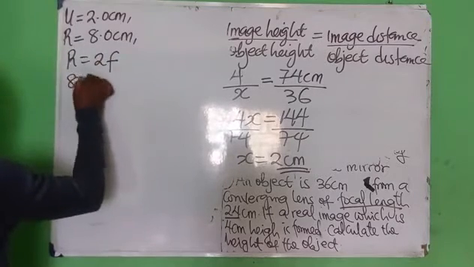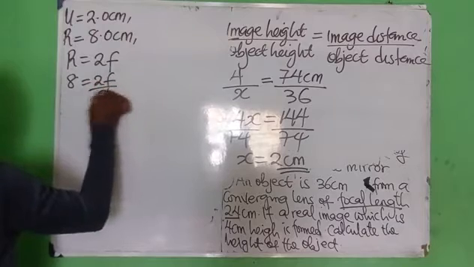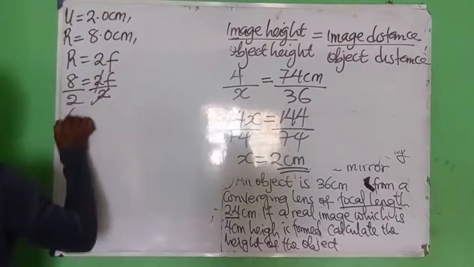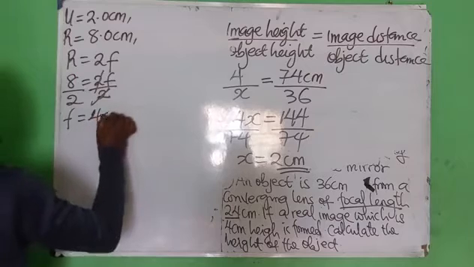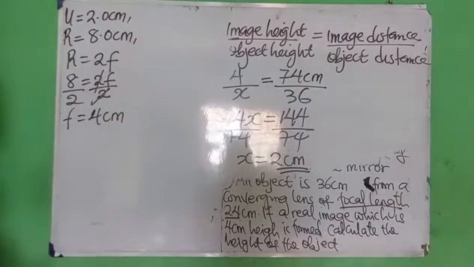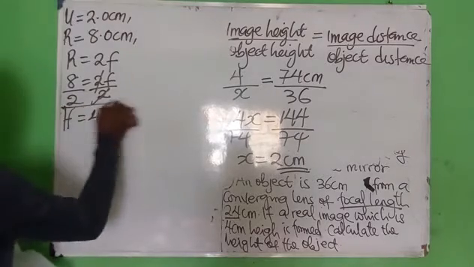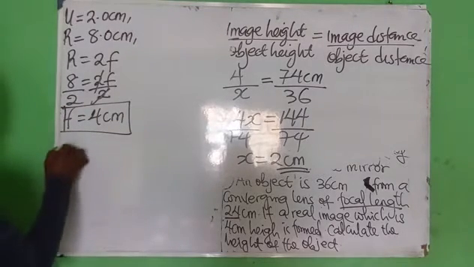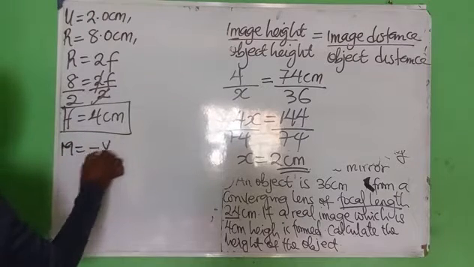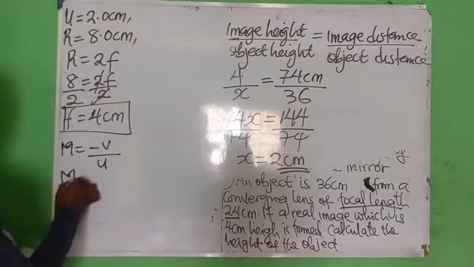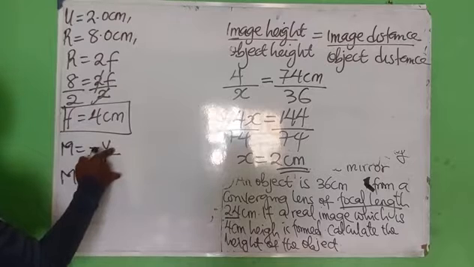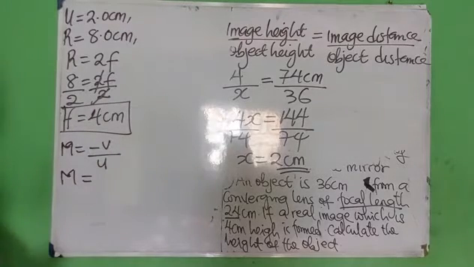Now, I told you that radius of curvature is 2f. You have it to be 8 equals 2f. So divide both sides by 2. F is equals 4 centimeters. So what do we do next? Now calculate the magnification of this image. It is m equals minus v over u. We don't have v in the question.